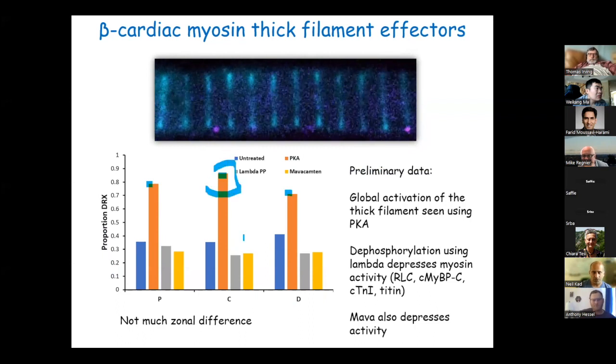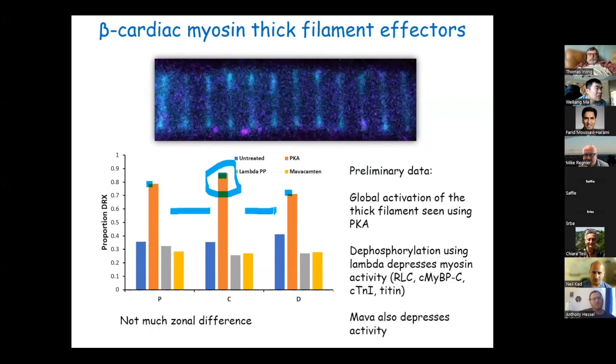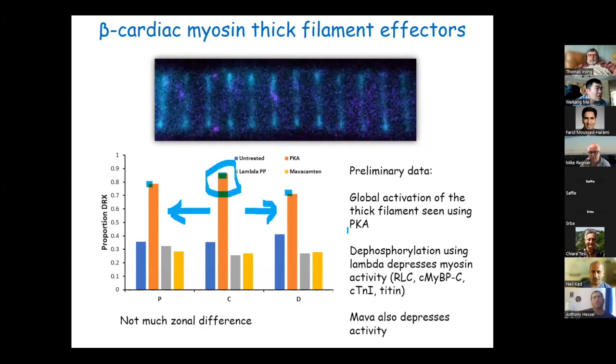But it seems to be across both sides of the thick filament from the C zone, suggesting potentially some kind of cooperativity that emerges from the derepression of the C zone, probably due to pKa phosphorylation of myosin binding protein C.